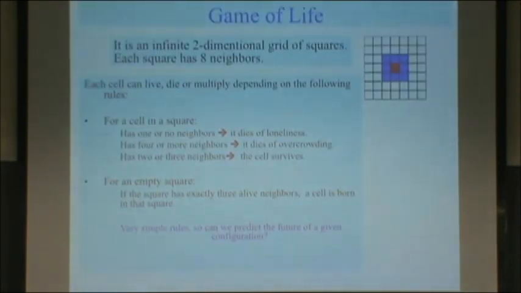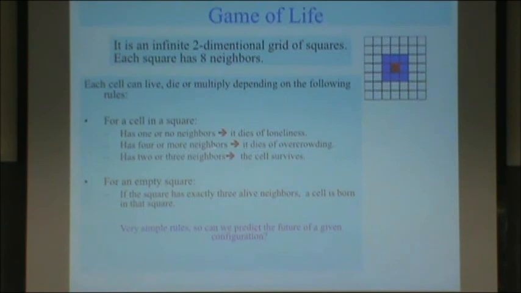So what is the game about? I'm going to describe the rules. It's a special case of a cellular automaton, and here are the rules. They're easy to remember because you can explain them to yourself. Every cell has 8 neighbors, Moore's neighborhood. For a cell in a square, let's say it's already black: if it has 1 or no neighbors, meaning black, so everything is white, it dies of loneliness.